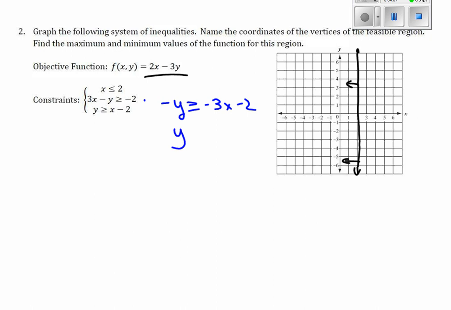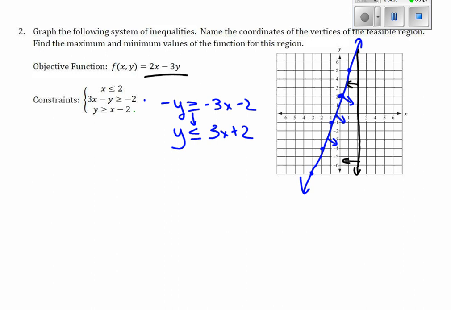Changing all signs, that changes this sign as well. Y less than or equal to 3x plus 2. So that's going to look like this, and that'll be shaded towards 0.